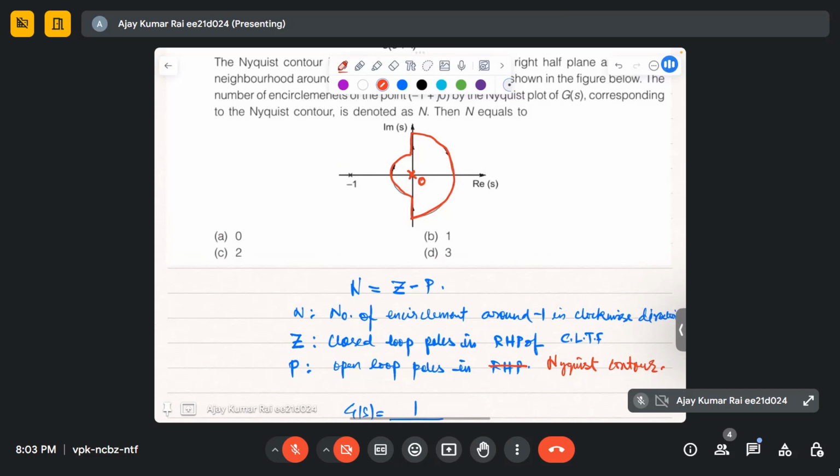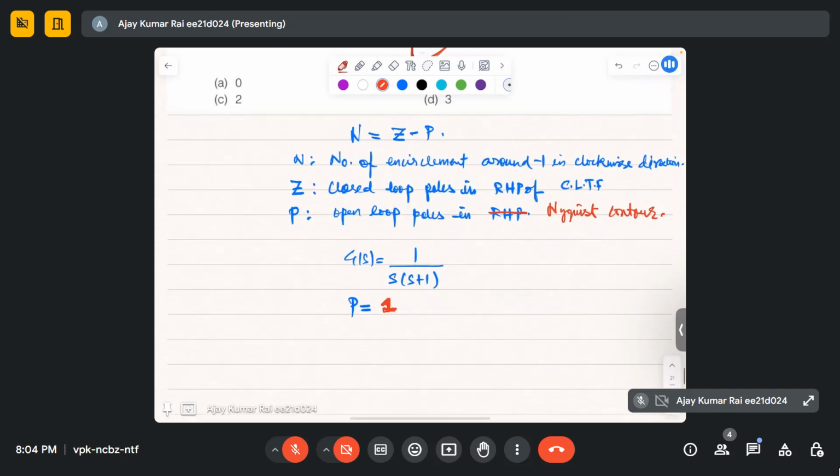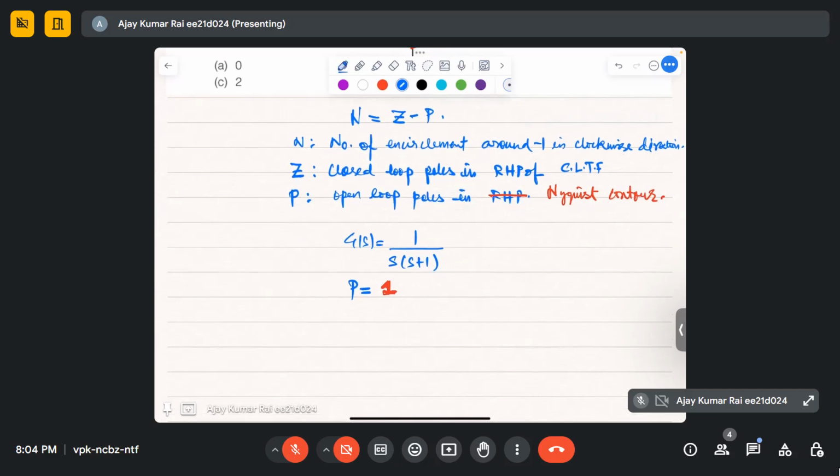How many poles are lying in this contour? One, that is at the origin. That's why the value of P is equal to 1. Now we have to find Z minus P. P is already known, that is equal to 1. If I know the value of Z, I can find N.